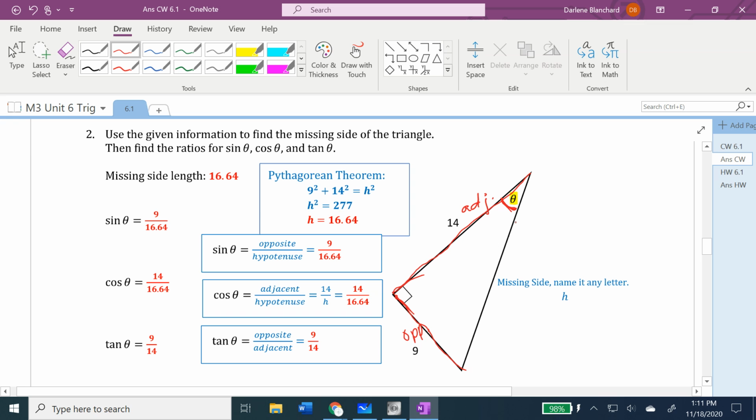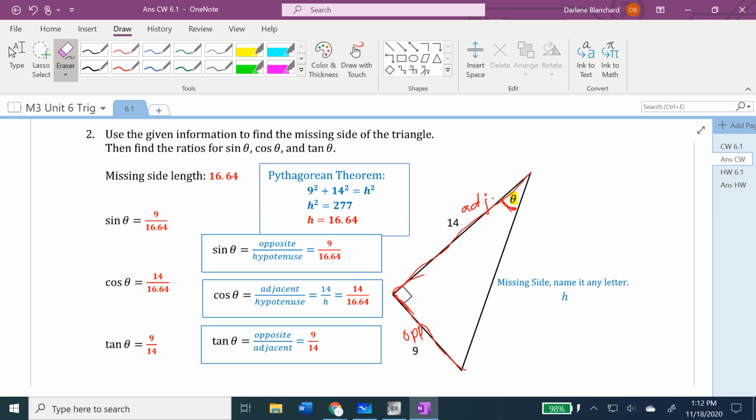This one got named, but if I had named this one instead, this one would see 14 as its opposite, and the side that's 9 would be adjacent with respect to that angle. The hypotenuse is the only one that just gets to be stable, but adjacent and opposite are based on which of the two acute angles you're using.